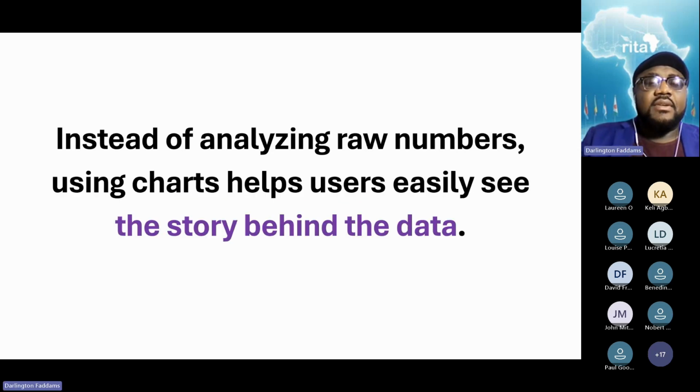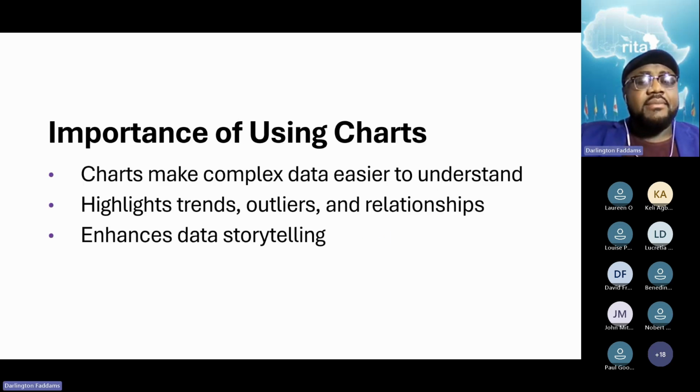Instead of analyzing raw numbers, using charts helps users easily see the story behind the data. And charts are important because charts make complex data easier to understand. They highlight trends, outliers, relationships, enhance data storytelling and everything. When we get to outliers, we are going to understand that charts really make it very easy for you to see the outliers.